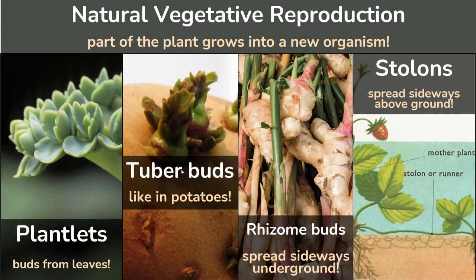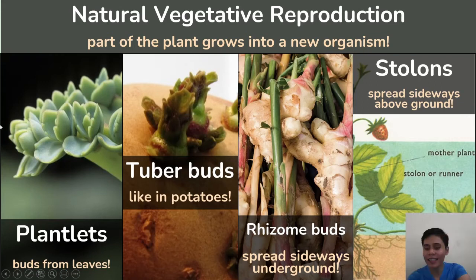Your tuber buds, like in your potatoes: tubers are specialized storage organs in plants that can have buds themselves. Your rhizome buds are from your rhizomes that spread sideways underground, like your ginger, and your stolon spreads sideways above the ground, like your strawberry. So again, different types of plants can sometimes reproduce asexually. They don't need a partner.